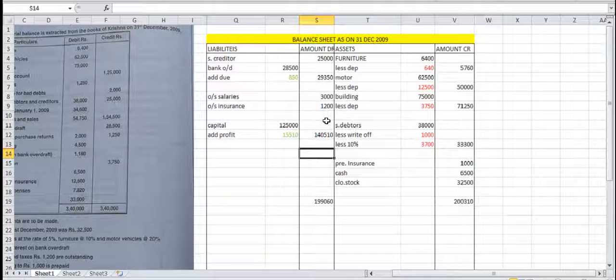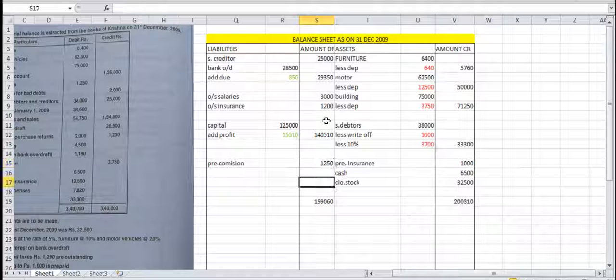Prepaid commission, we have already taken commissions, means here total commission actually in profit and loss we have taken total commission 3,750, extra commission we have taken, so we have to deduct commission here. Prepaid commission, how much prepaid commission we have taken? 1,250 extra, you know, next year's commission we have taken this year only.